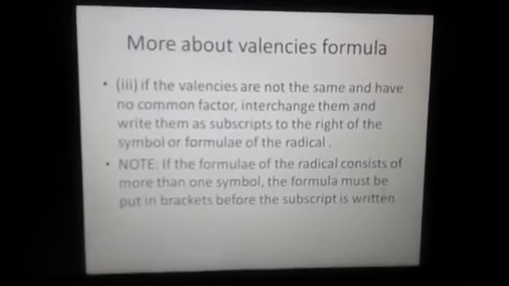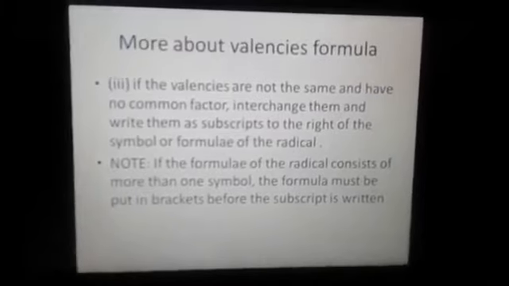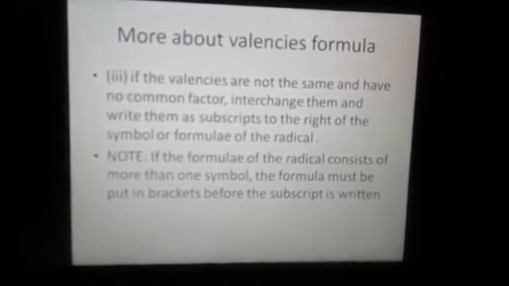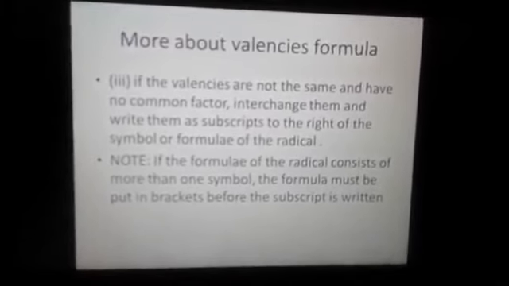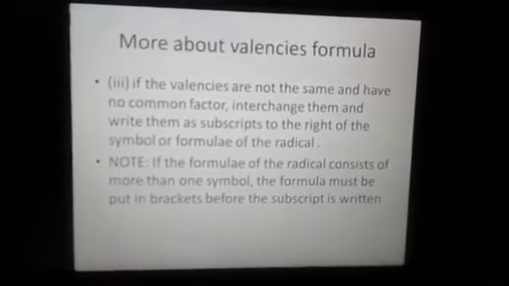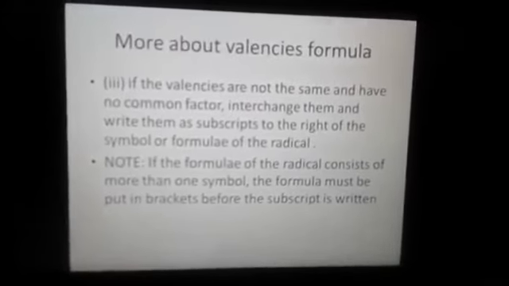More about the valences of the formula. If the valences are not the same and have no common factor, just interchange them. Sorry for the blackout. Then you just interchange them, and then you do as we said in magnesium chloride.